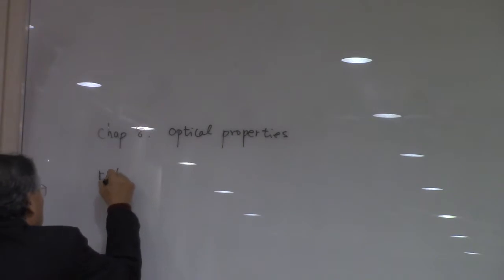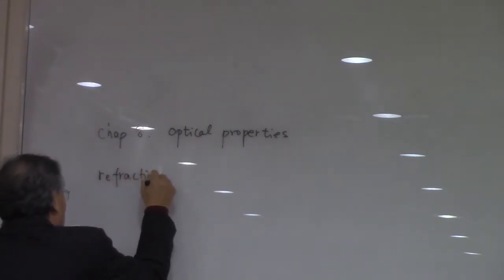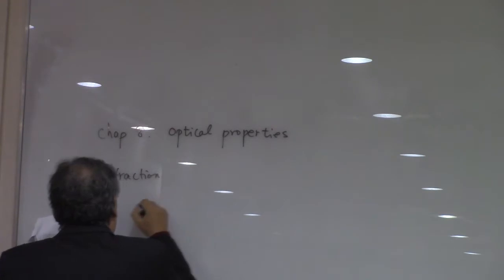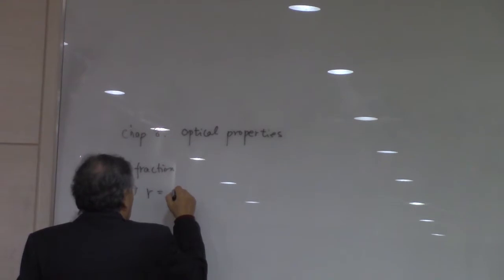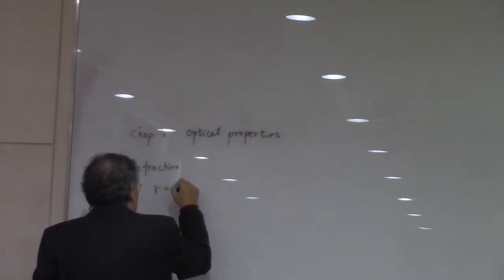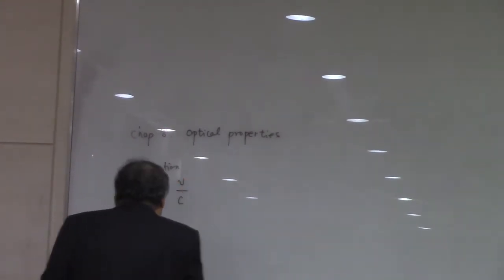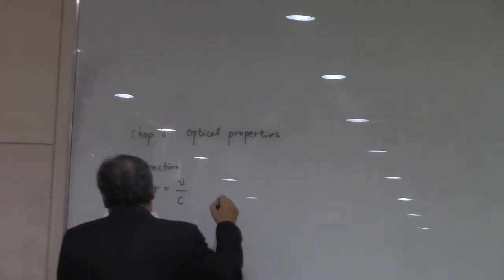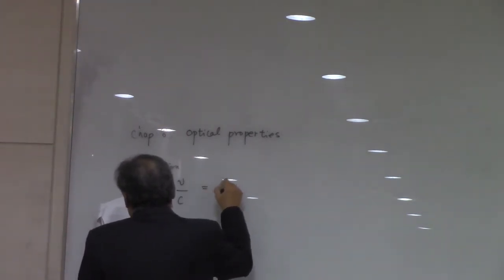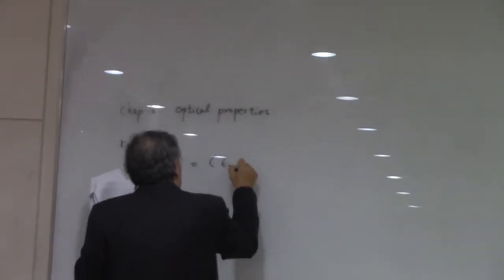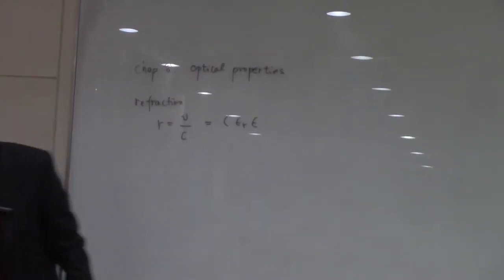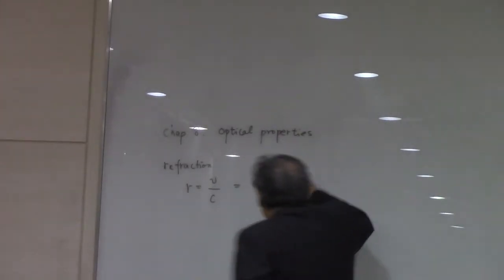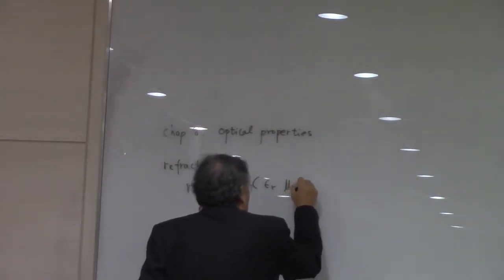The refraction: the index of refraction R is the velocity ratio of the light velocity in vacuum and in the material, and that is going to be related to the dielectric constant and the permeability, mu r.